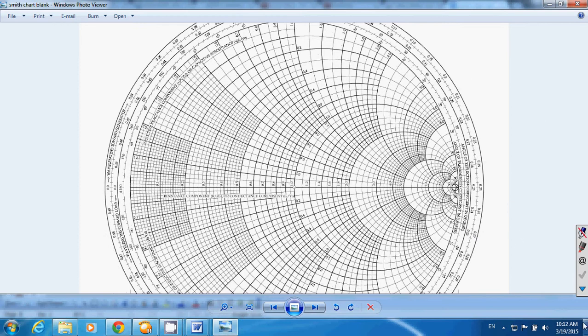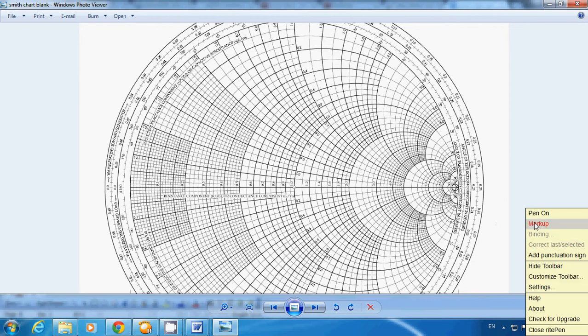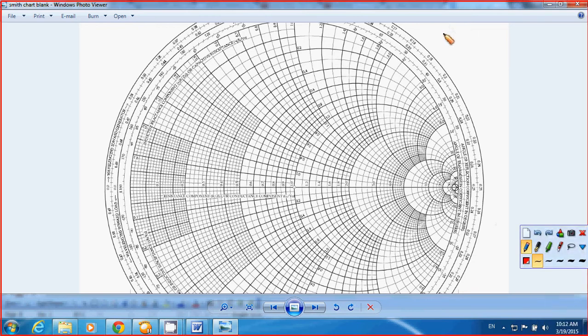As I mentioned before, I have a transmission line with characteristic impedance Z0 of 50 ohms, and then I have a load impedance connected to the transmission line, ZL, which is 100 plus J50 ohms.